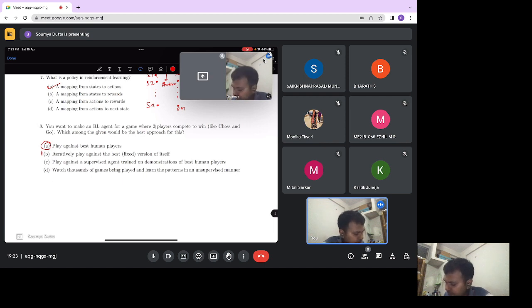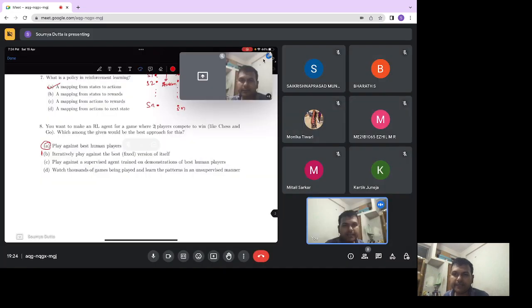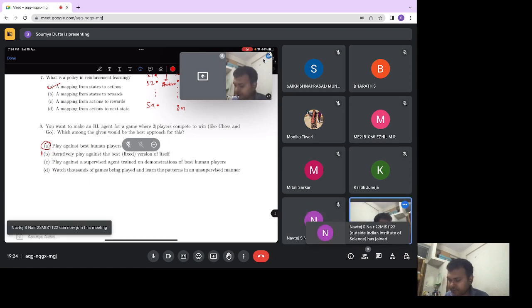And watch thousands of games being played and learn the patterns in an unsupervised manner, again that is infeasible, because even if you watch thousands of games, you might end up in a situation of chess which you have not seen in any of the 1000 games that you have learnt your unsupervised algorithm on, and therefore these three options of course will be wrong.